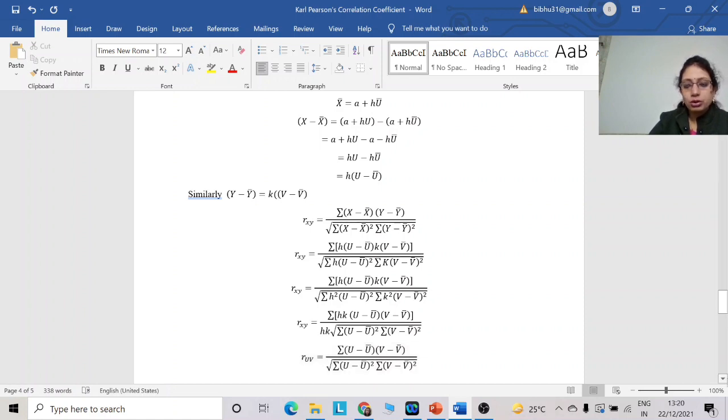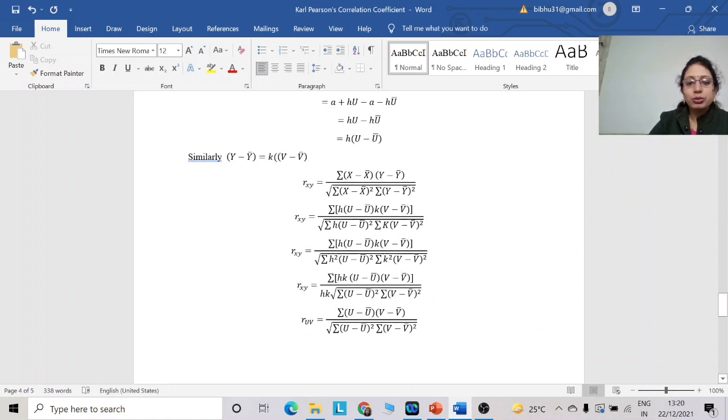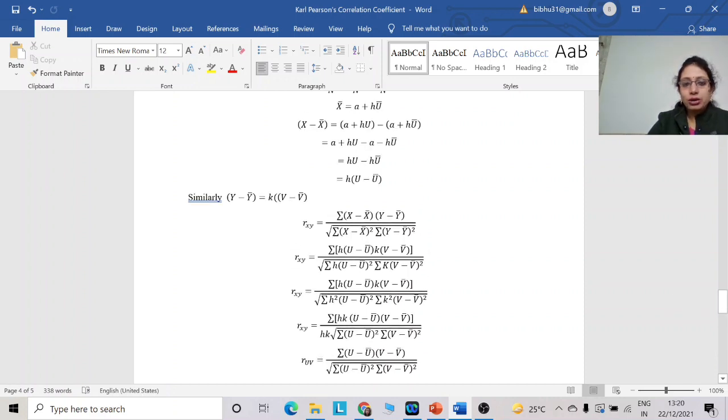This is nothing but summation of small uv divided by the root of summation of small u square into summation of small v square, which is the same as the formula with which we started our discussion. So this proves that the coefficient of correlation is independent of change of scale and origin.